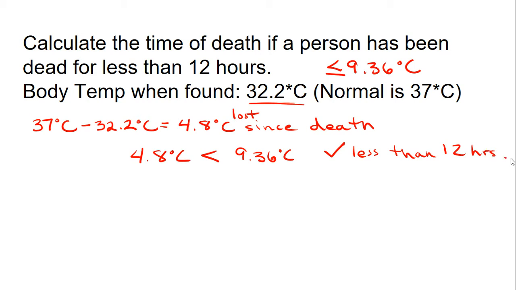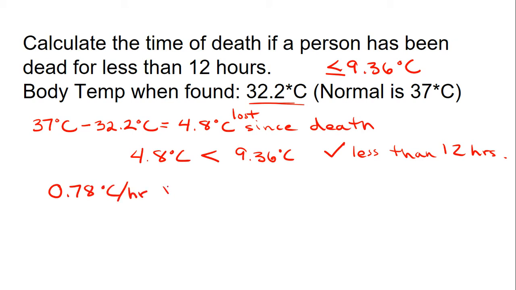All right. So we want to know, how long did it take to lose that 4.8 degrees Celsius? So we're going to set up our equation. We know that our rate was 0.78 degrees Celsius per hour.